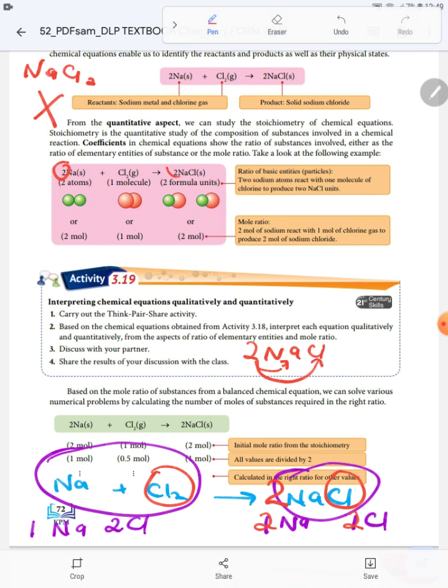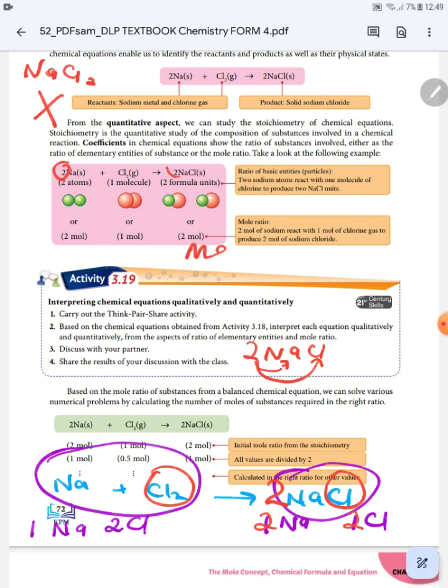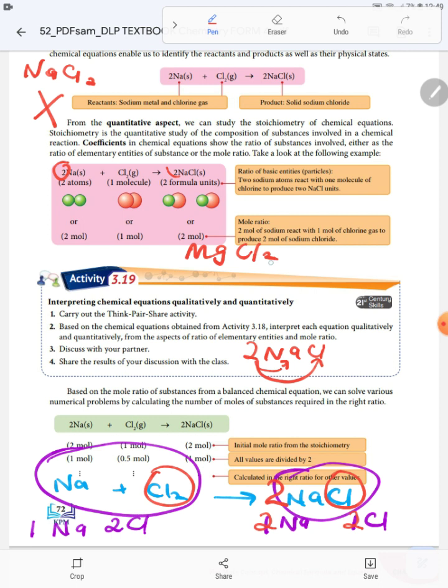Dia berbeza dengan macam gini. Contohnya kita ada MgCl2. Dua di belakang ini hanya milik Cl sahaja. So dekat sini kita ada 1 Mg dan 2 Cl. Different dengan yang ini. Yang ini 2 in front means 2 Na 2 Cl.